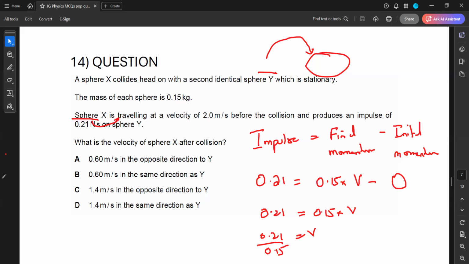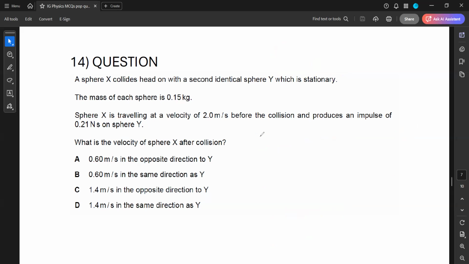The impulse of X will be the same as the impulse of Y. When two objects are colliding, they will have the same impulse but in opposite direction. I solved the first part to give an idea of how to find the velocity of Y. Now the main question is to calculate the velocity of X. The same method is used, but the impulse of Y was 0.21.